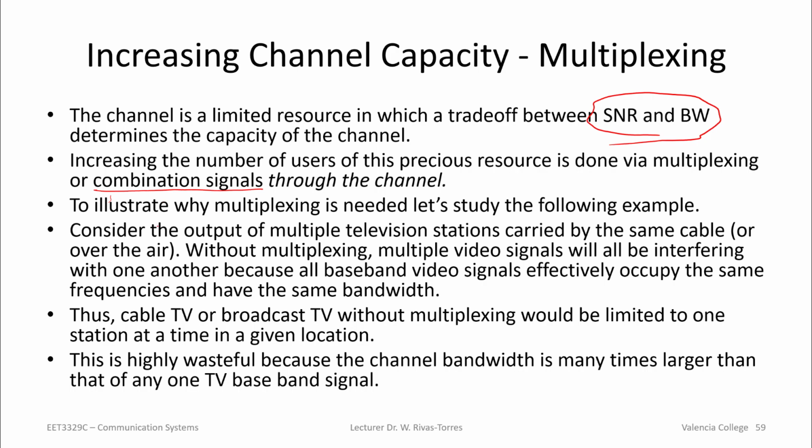Now with multiplexing, or without multiplexing, that's what you're limited to. This is really wasteful because the channel bandwidth is typically for the TV way wider than whatever the TV signal is, right? So that means there's a lot of bandwidth that would be wasted.